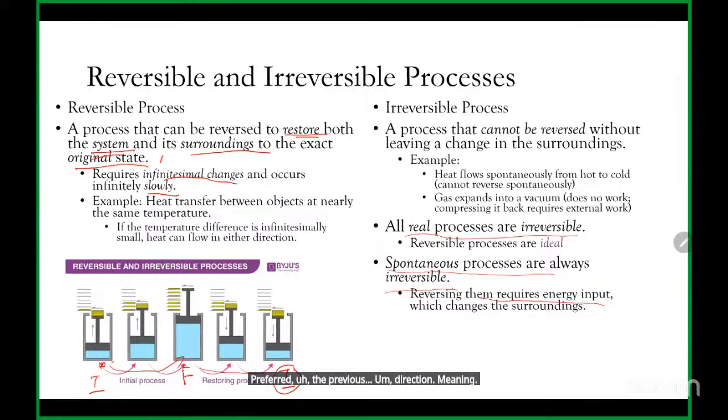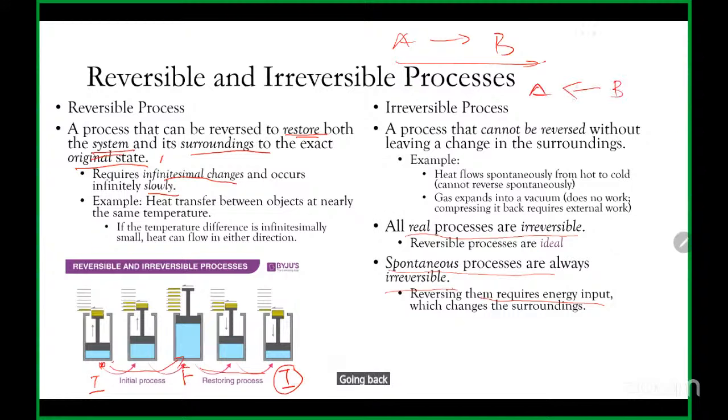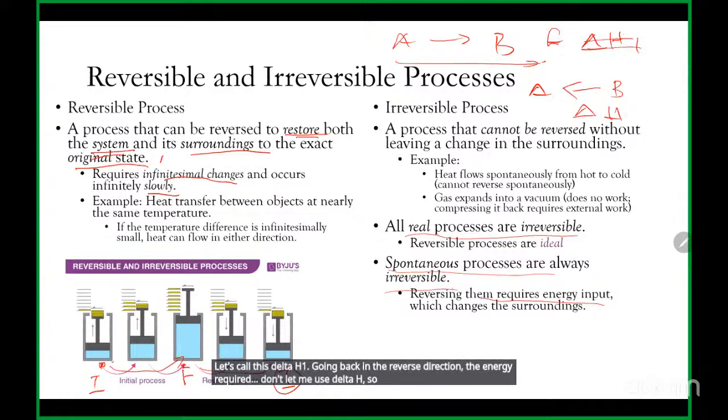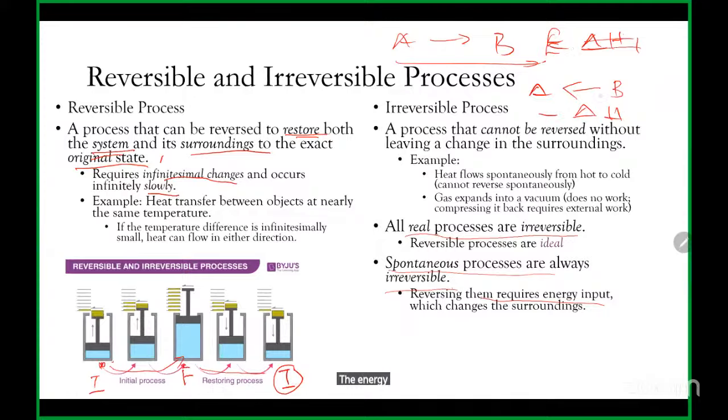Meaning, if this is the preferred direction, going back to A, so this is energy, delta H, let's call it delta H1. Going in the reverse direction, you require energy. The energy required, in terms of heat or W, is often more.